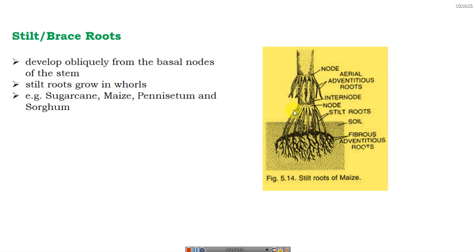So these stilt roots grow in whorls, because they are arising from the nodes, and they will provide the support to the plants. Plants like sugarcane, maize, pennisetum, and sorghum are the few examples where these stilt or brace roots are found.